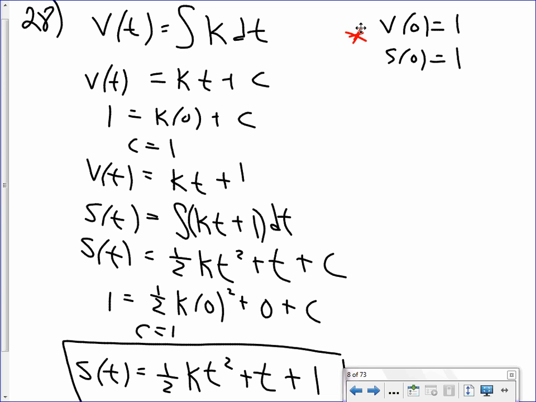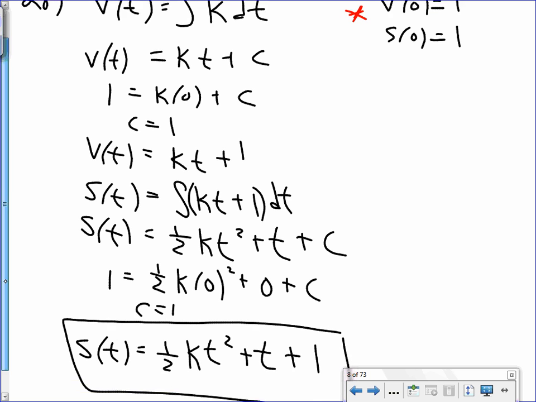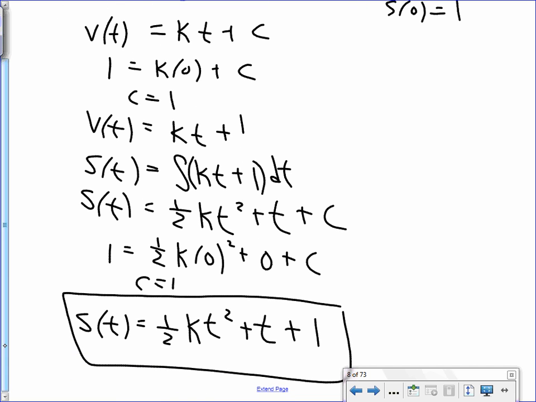So we'll put 1 in for the position and 0 in for time, and that's going to allow us to solve for c. So c equals 1 again. And so our position function is 1/2 kt squared plus t plus 1. Any questions? You didn't get how I started or anything?